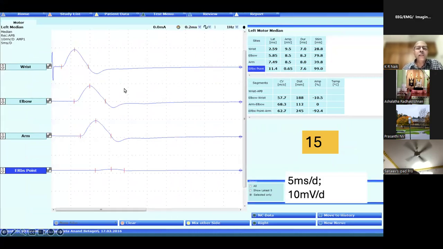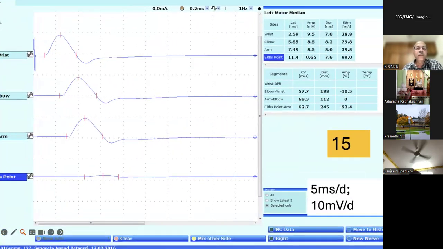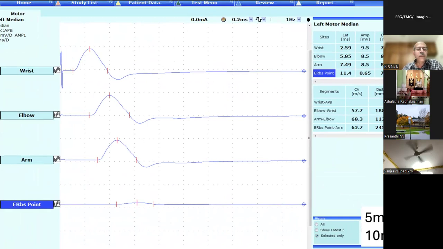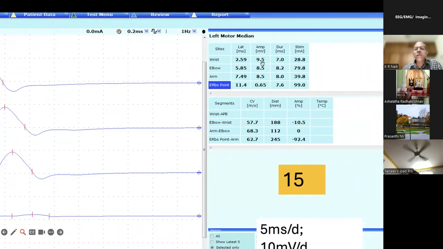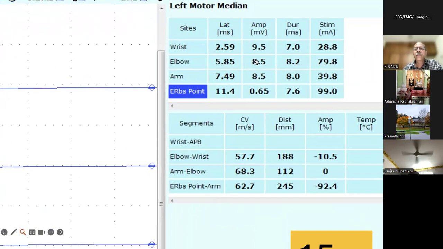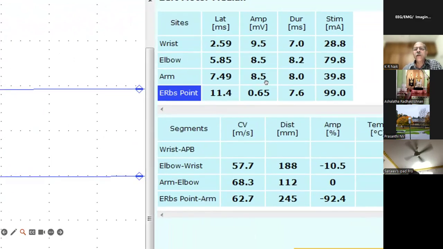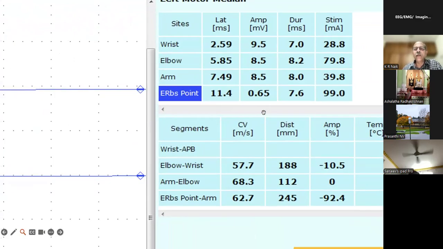So median nerve conduction, this patient, median nerve conduction from wrist, elbow, arm, and Erb's point. We have the amplitudes 9.5, 8.5, 8.5, then 0.65.